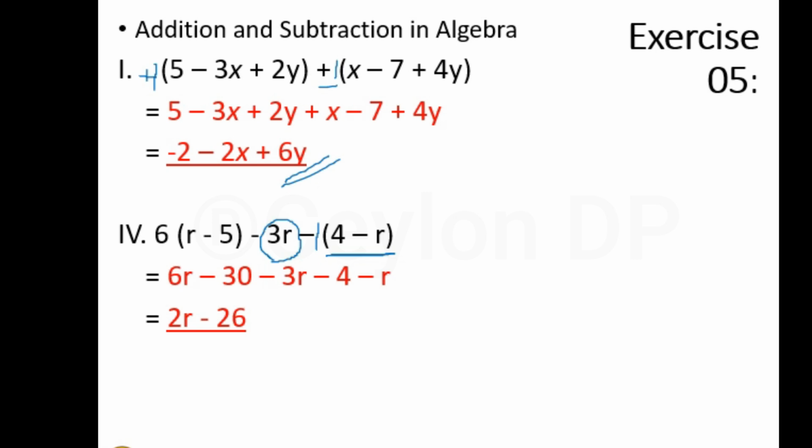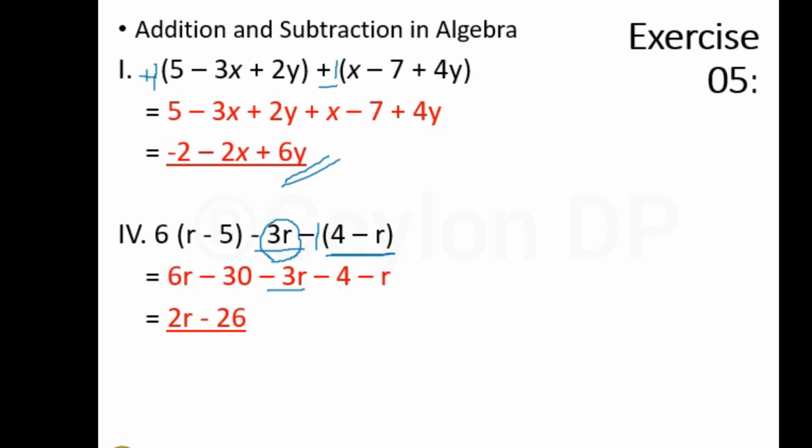Therefore, here you have to take this minus 3 the same here, and then minus 1 multiplied by 4, minus 4, and minus 1 multiplied by minus r.